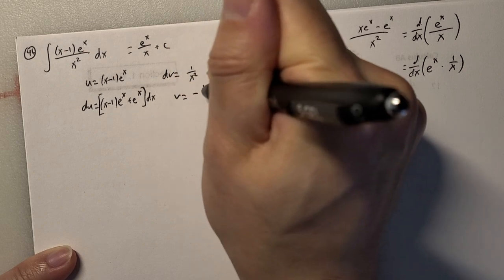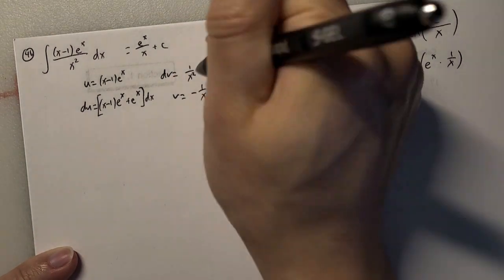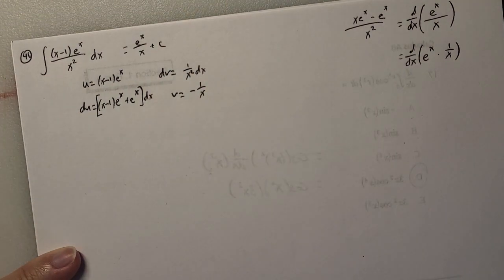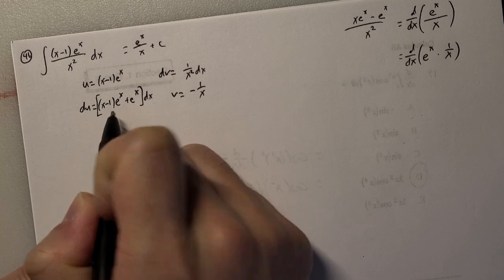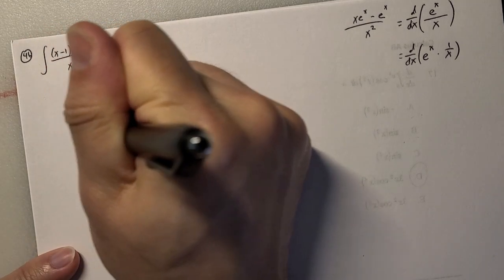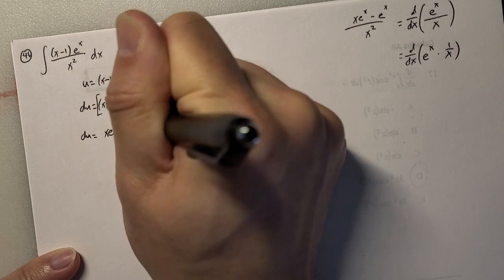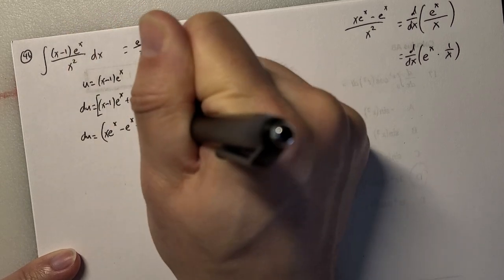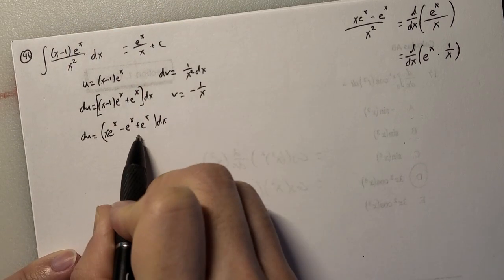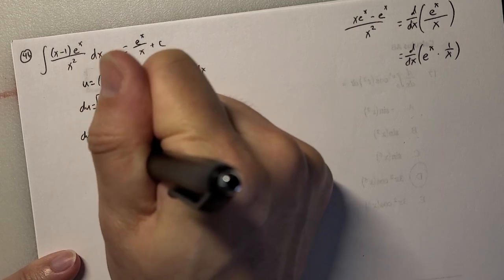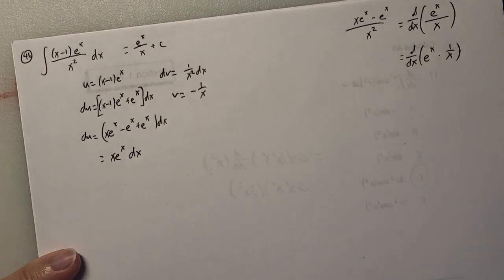V would be minus 1 over x. Got my dx up here. So maybe let's try expanding this du out a little bit. So it'll be x e to the x minus e to the x plus e to the x dx. We see that those can cancel. x e to the x dx.